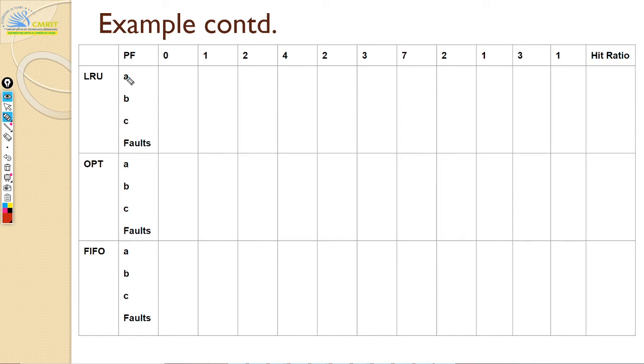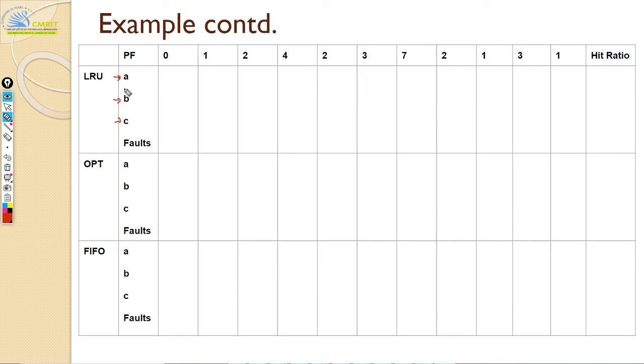So your A, B, and C are your page frames. These are the three slots available in your primary memory, and this is your page number that is in your virtual memory.